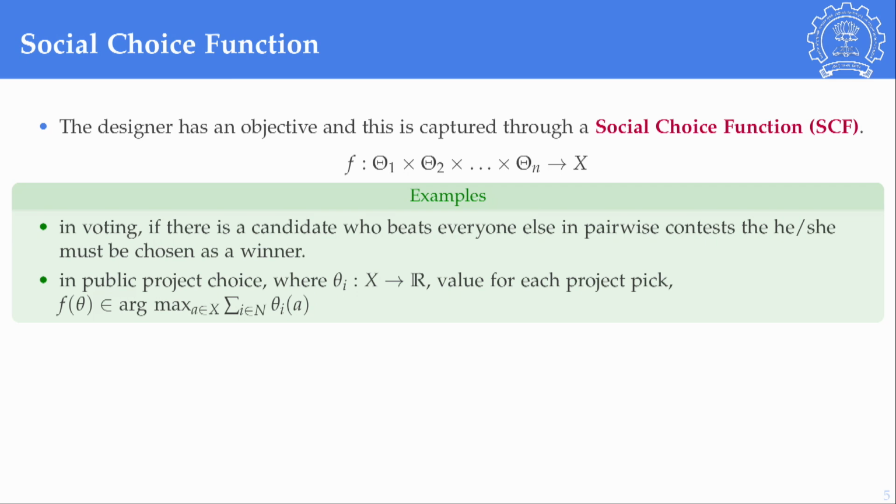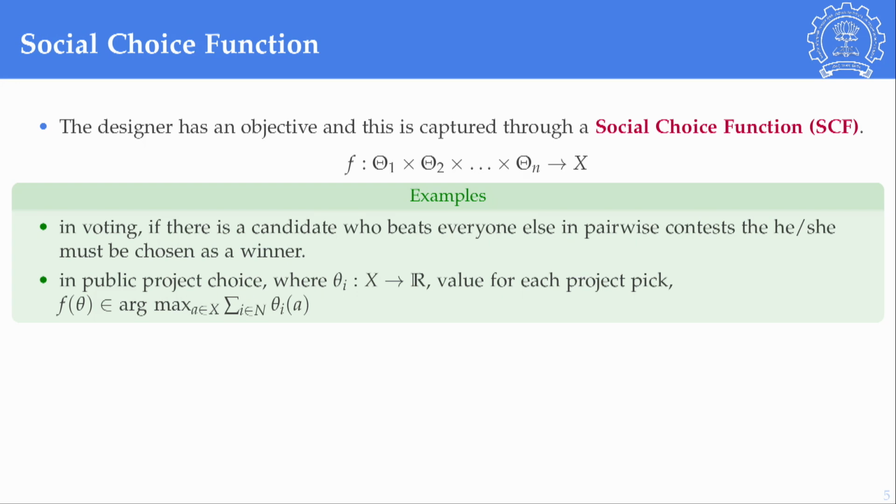Yeah, so I think I have given the examples in voting. There each of these theta i's are rankings over, let us say, 3 candidates or m candidates. Now if there exists a candidate who beats everyone in pairwise contests, so you take that A, compare with B or C, and if it turns out that it beats everybody else in pairwise elections, you just delete all the other candidates, count how many votes this one got and the other got, and if that person beats everyone else, then that must be chosen as the winner.